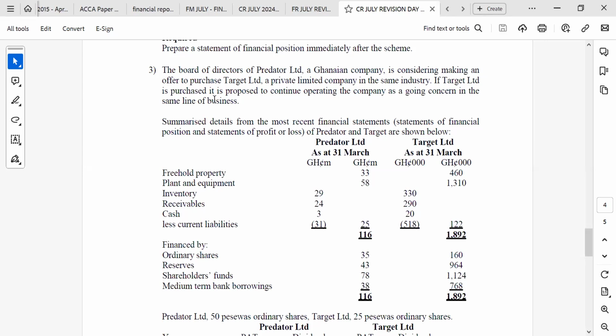Okay, so this asset will be shown at the replacement cost, because if you don't want to pay the 13,810, I have a car. I'm using the car for Uber business. You want to continue. If you want to buy a new car now, maybe the new car will be 20,000. So you want to continue with the business.